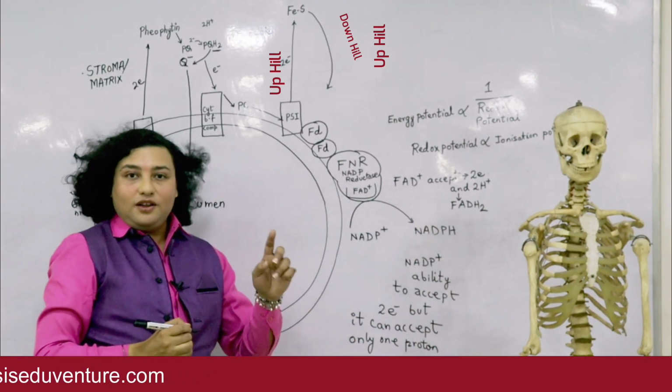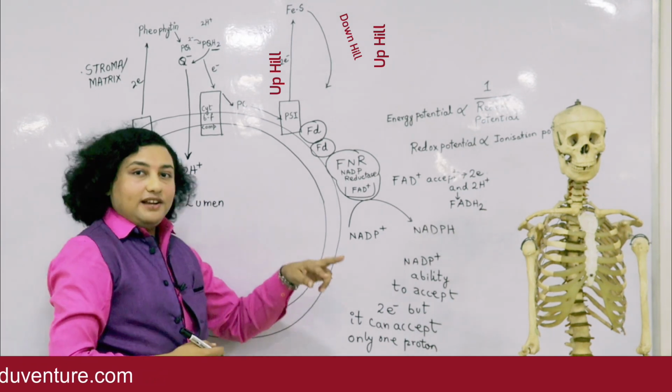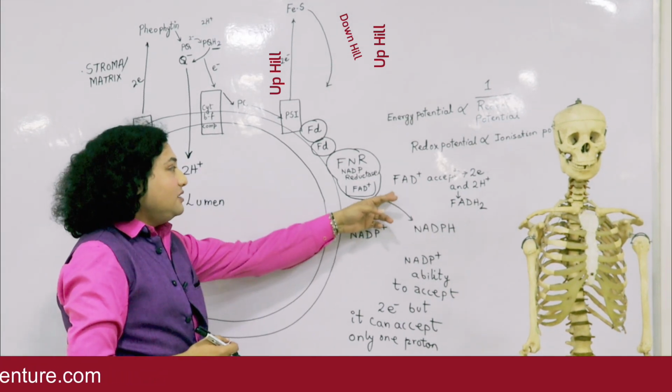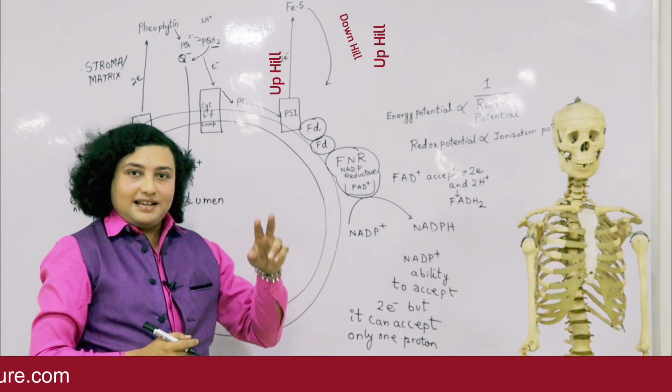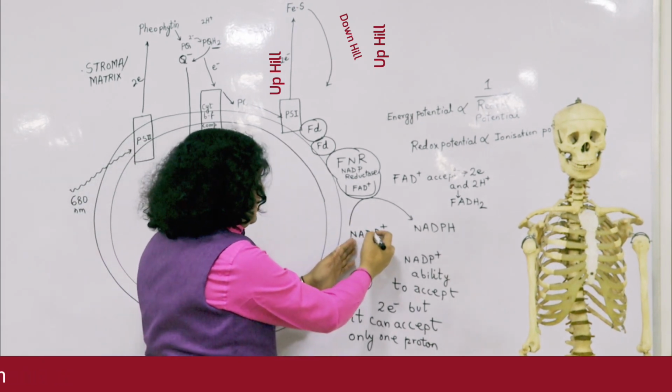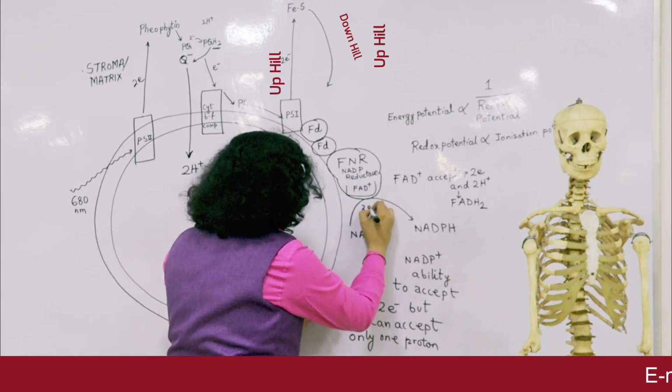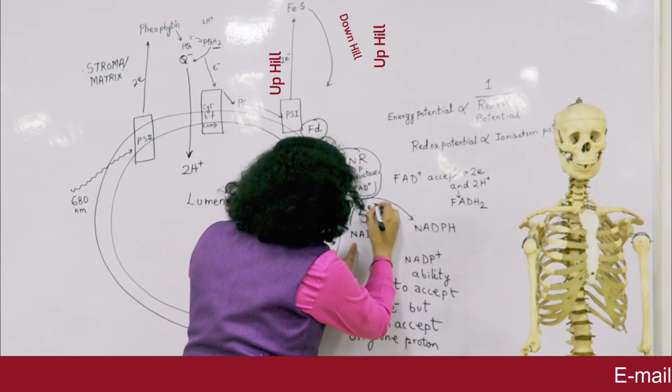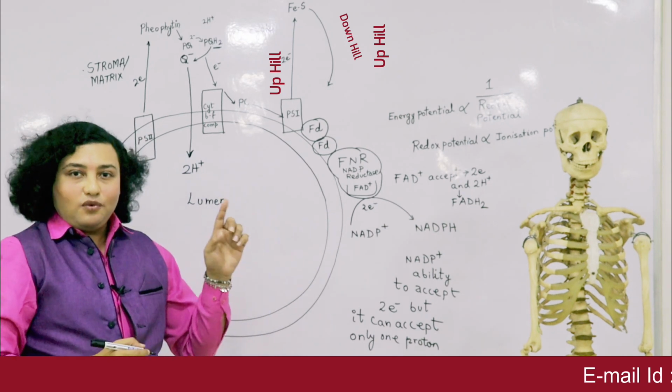It can accept 2 electrons but only 1 proton, not like FAD plus. FAD plus can accept 2 electrons and 2 protons at the same time, but NADP plus will accept 2 electrons and only 1 proton.